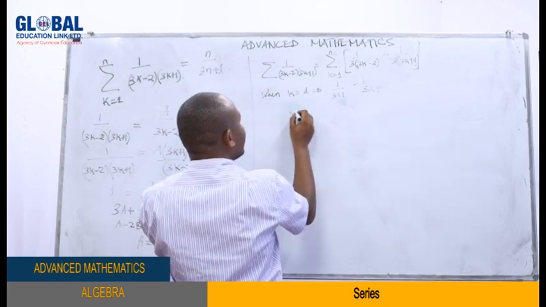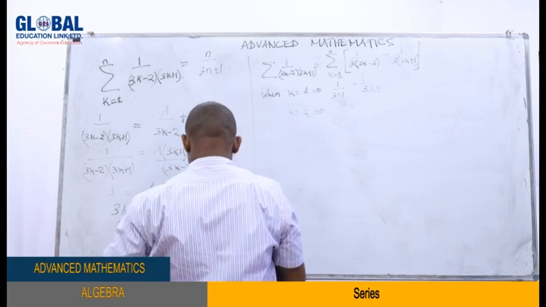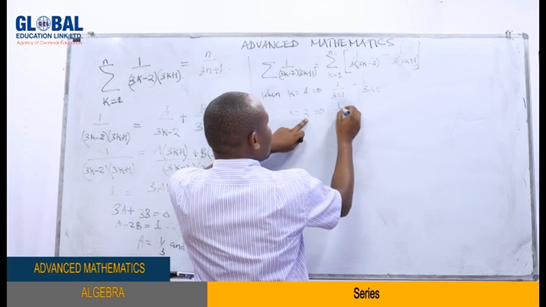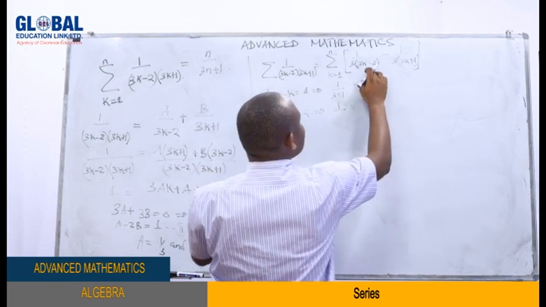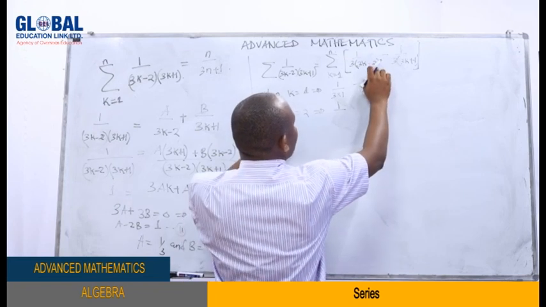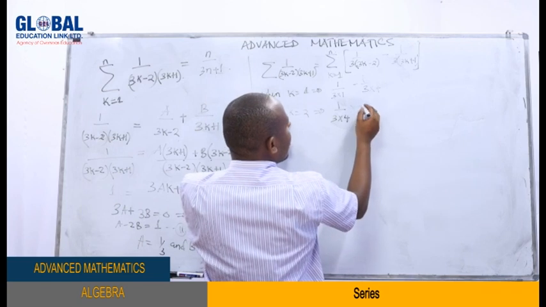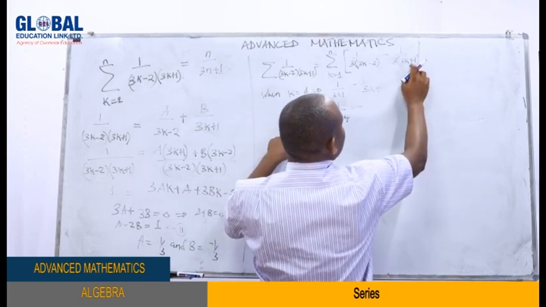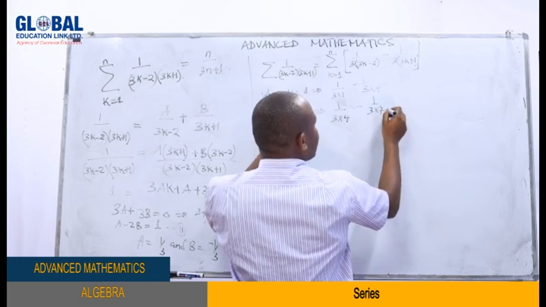And then when k is equal to 2, it will be 1 over 3 times, putting 2 there will be 6, 6 minus 2 is 4, that is 3 times 4, minus, and then putting 2 there will be 6 plus 1 is 7, that is 3 times 7.